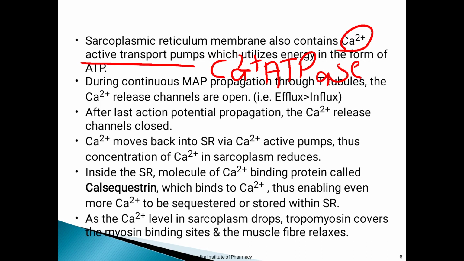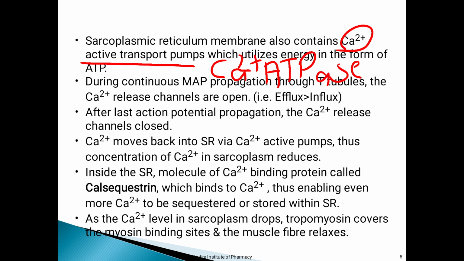During continuous muscle action potential propagation through the T-tubule, the calcium channels are open. That is, the sarcoplasmic reticulum releases calcium into the sarcoplasm.